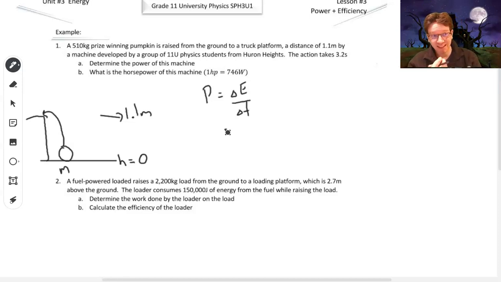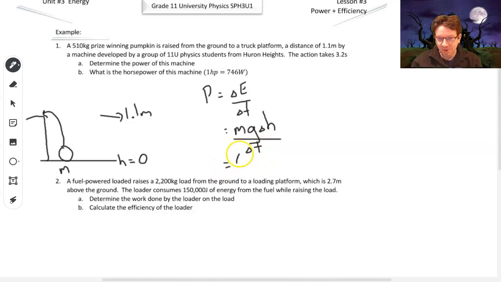It's being increased in stored energy due to the object's position in a gravitational field. So the energy that's being changed is gravitational potential. So this is going to be mg times our change in height, all over time.